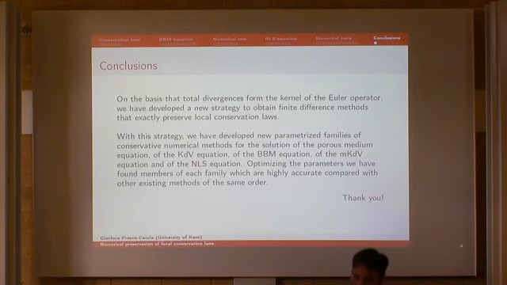I want to ask a completely different question. You are generating your methods by having this goal of preserving some local conservation. How about convergence and stability of the method? What do you know about that, and how can you trust that your generated methods will have this nice convergence and stability?